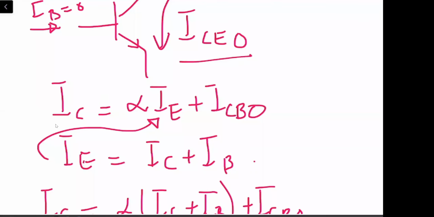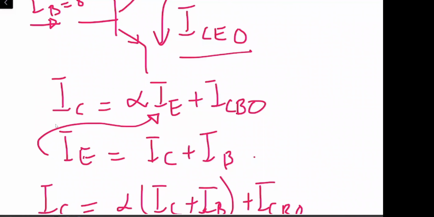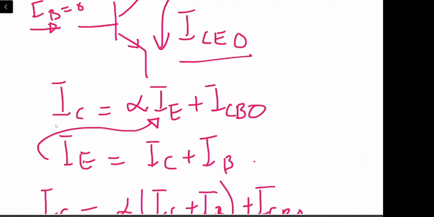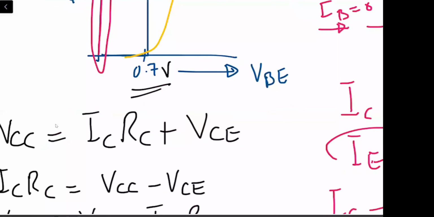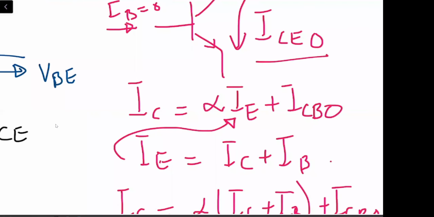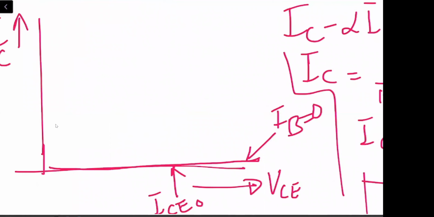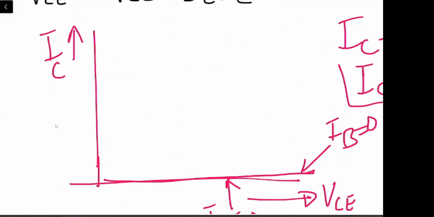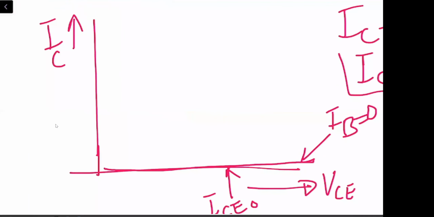Okay, so we said that if we take a look at the output characteristic curve, so here is what we are talking about. Let's suppose the input current is 0, this means that IB is equal to 0.